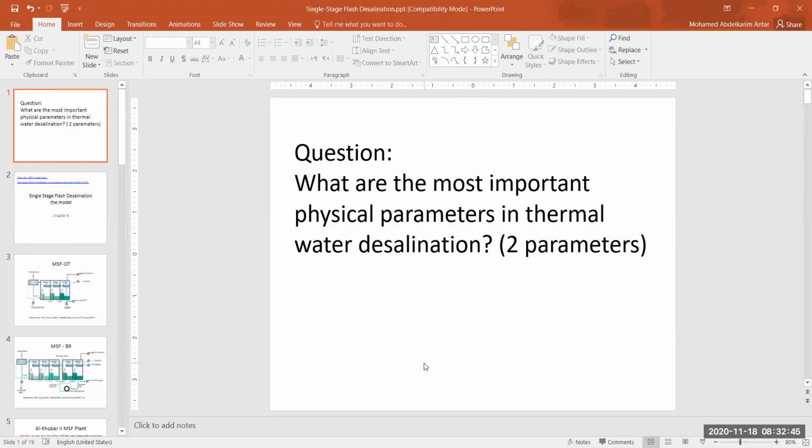What are the two most important parameters when it comes to big scale thermal desalination systems, for example? And I want you to write it down in the chat.